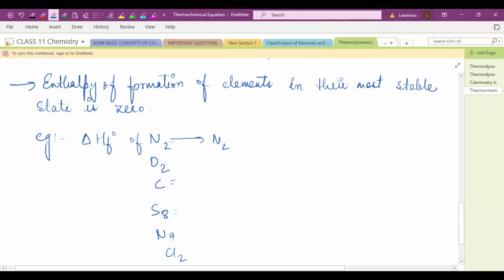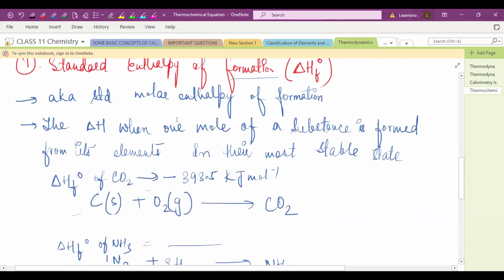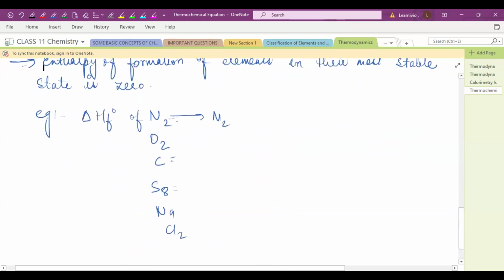For example, O2: it takes no energy to make O2 from itself. So that's why the enthalpy of formation, because the definition says that enthalpy of formation is when 1 mole of a substance is formed from its element in their most stable state. Most stable state क्या होता है N2 का? Again N2 होता है, and N2 से N2 बनने में no energy is produced.